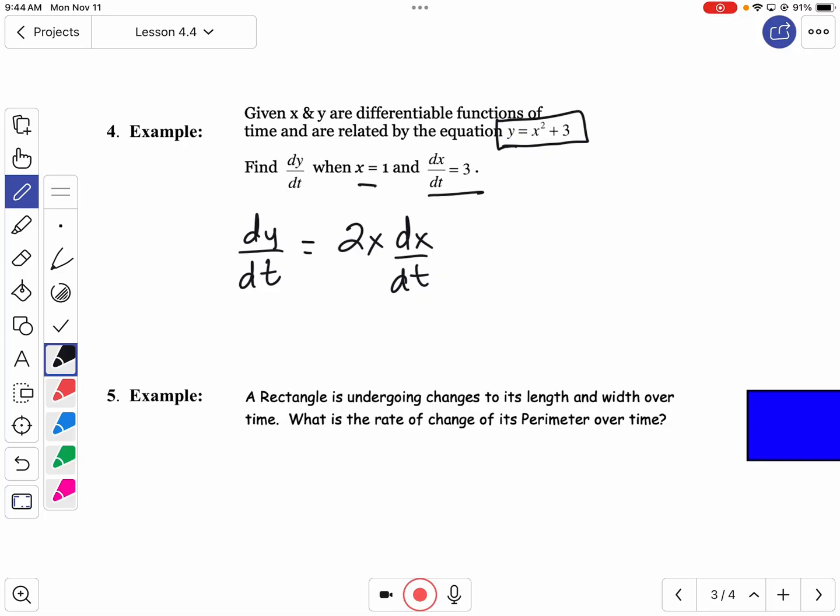Now we plug in what they gave me: x was 1 and dx/dt was 3. So dy/dt equals 2 times 1 times 3, which is 6. That's the most basic: they give you an equation, you differentiate with respect to time, and then you substitute.